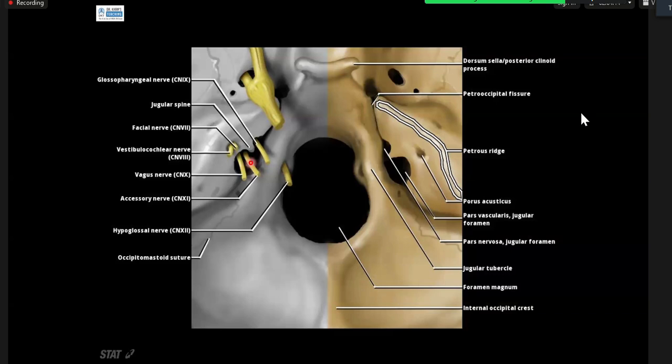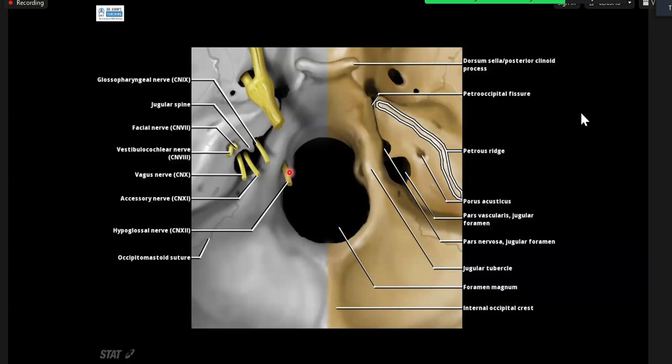You don't have to remember this, but just to add interest, which nerves pass through it, because this is in continuity with the carotid sheath within the neck. So these nerves are passing. Key point to remember is that the 12th nerve, which is the hypoglossal nerve, has got a separate foramen, the hypoglossal foramen.